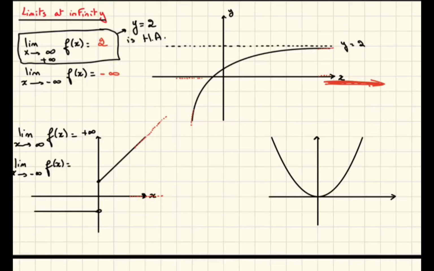Here, if I check limit as x approaches negative infinity, I can see that it's a horizontal line and it stays the same. So all the points have the same y value, which in this case is -1. So I say it is equal to -1.